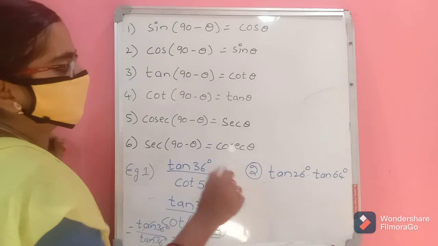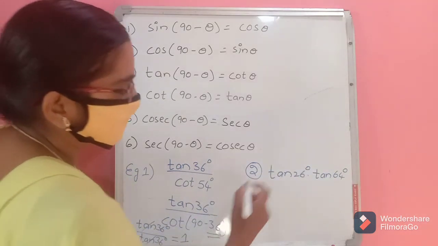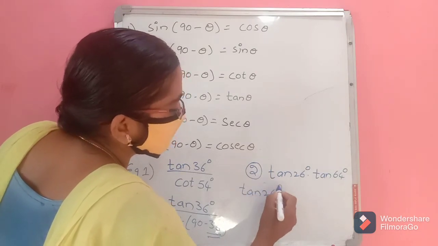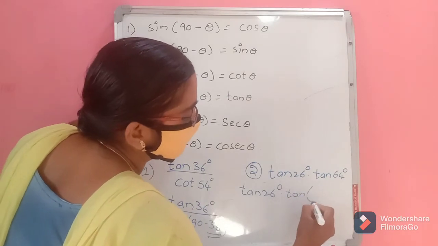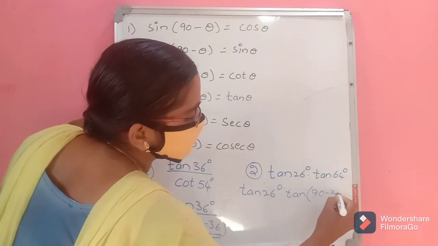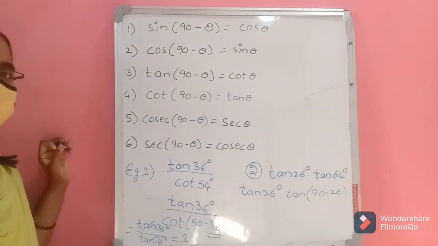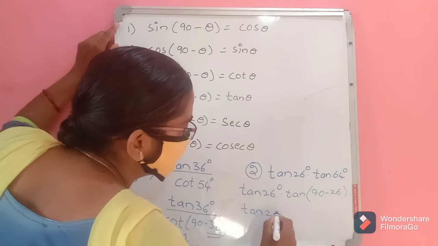Next, second example. Tan 26 into tan 64 value. Tan 26, write it as it is, into tan 64, I can write as tan 90 minus 26. 90 minus 26 is again 64. So, write this tan 26 as it is.